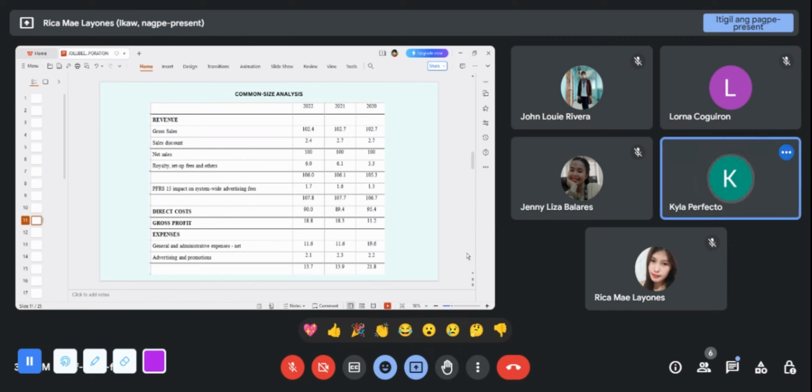The gross profit, we have 18.8 in 2022, 18.3 in 2021, and 11.2 in 2020.